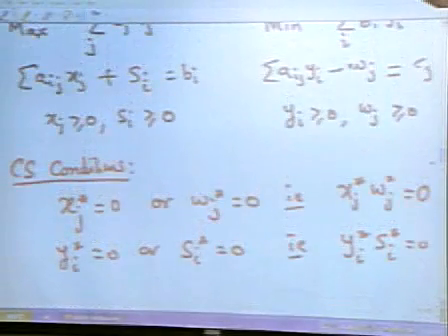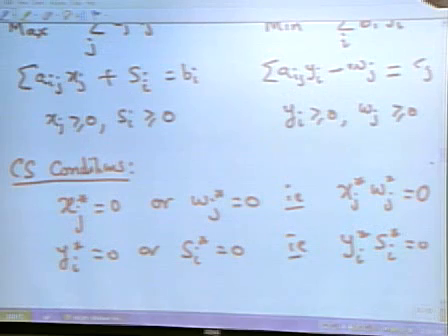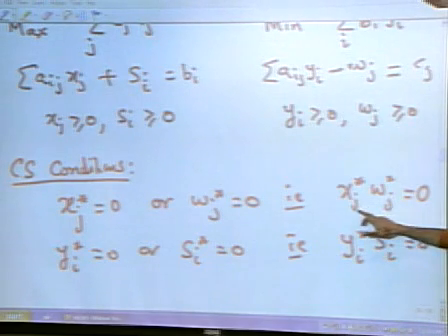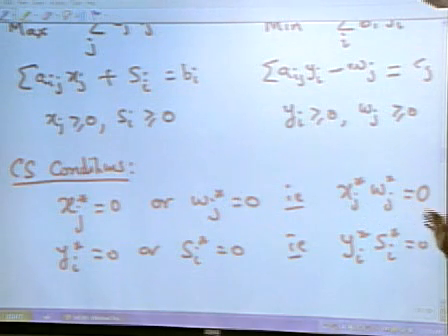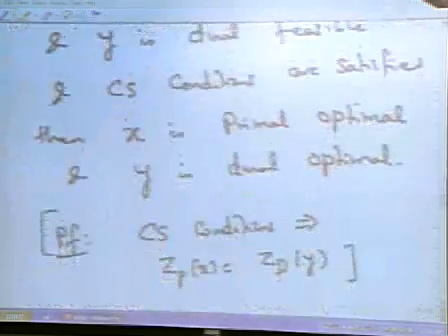So this is where we were. The CS conditions say that either a certain variable is 0 or the corresponding slack or surplus is 0. And of course, both of them could be 0, as in the second example that we saw.